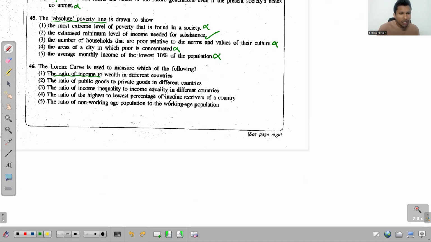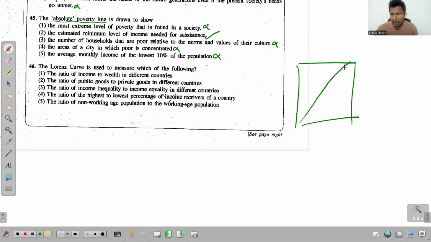The ratio of income to wealth in different countries? Not the ratio of income to wealth, but it compares. See that now when you draw the Lorentz curve, this 45-degree line we recognize as the equidistributed line. And what does this equidistributed line represent?